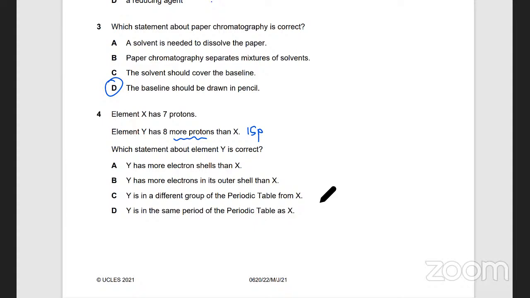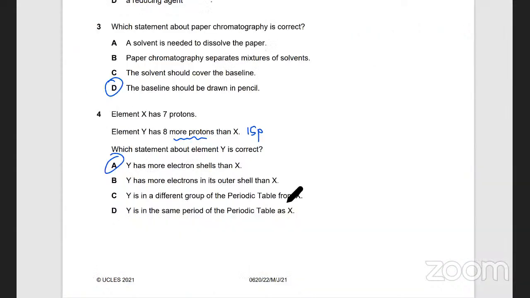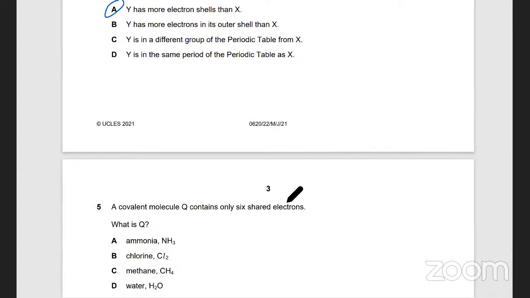Shadja, are you there? Hello. Someone, is it A? Keep your mics on, ठीक है? अच्छा, it is A because obviously it's got more shells, ठीक है? Down the group, your shells increase, ठीक है? So you've got 7 protons, you've got 15 protons, so phosphorus definitely has more shells, ठीक है? So that's the correct option.